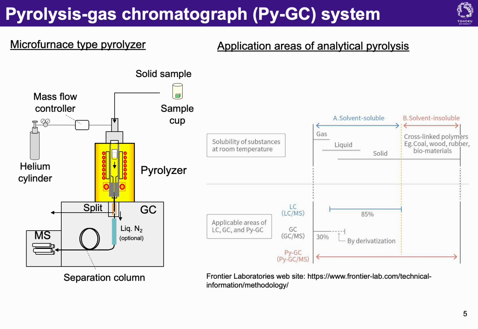You can directly put a solid or liquid sample in the sample cup. If you want to conduct pyrolysis with a slow heating rate, the sample holder should be set in the furnace and gradually heated up, like thermogravimetric analysis.